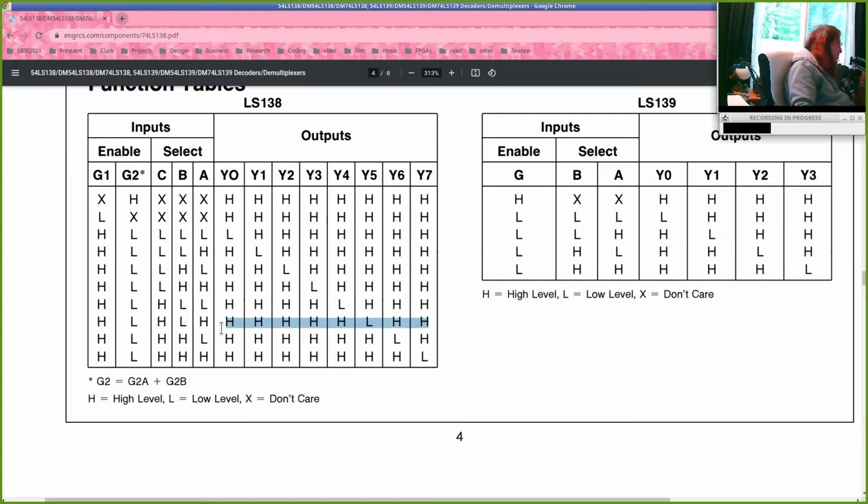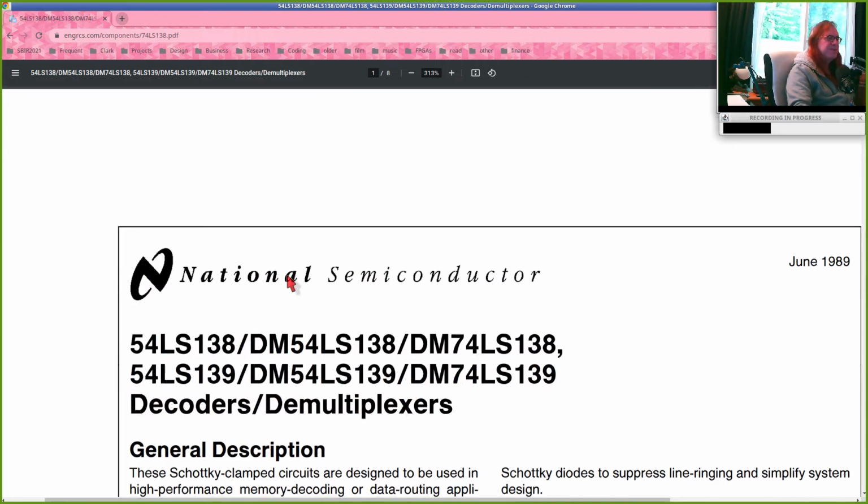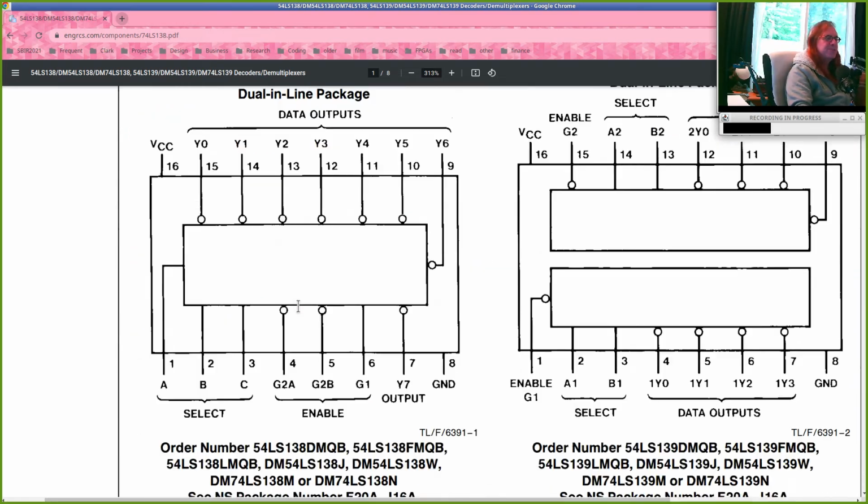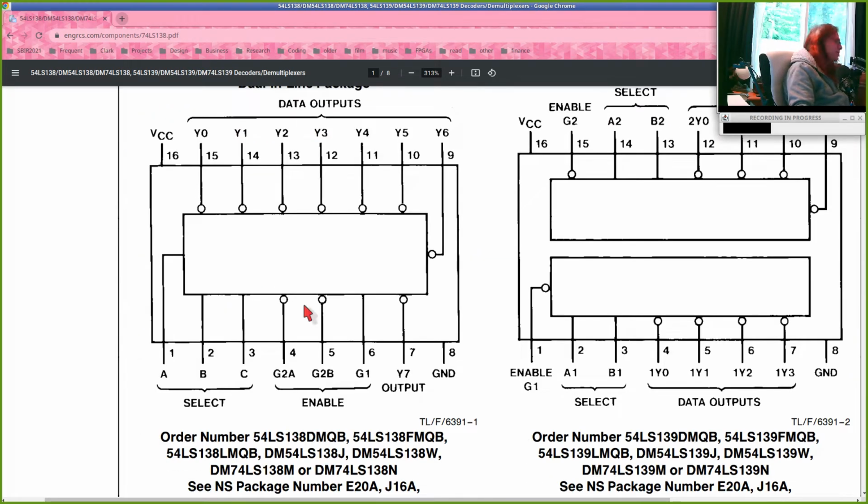But we can infer that from the picture if we think that normally what a selector or a decoder would do is choose one output to drive high. But this particular selector has inverters on the outputs. So whereas Y5 would normally be driven high, it's actually going to come out low.